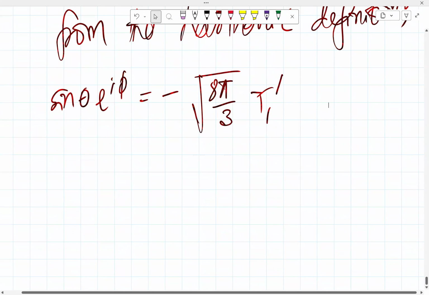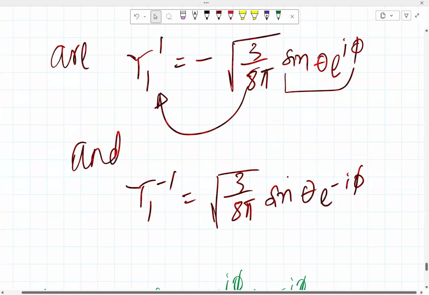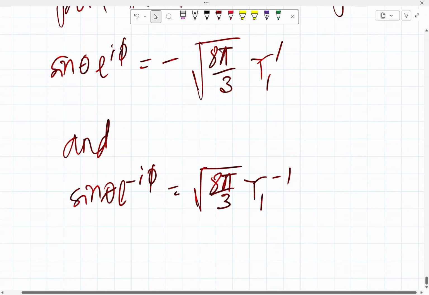So that's done. And then we also know that sine theta e raised by minus I phi will also be square root of 8 pi over 3 multiplied by yi minus 1. This is coming from this other side here, that, if you isolate this, now this goes and multiplies there, and then it turns over to be square root of 8 pi over 3.